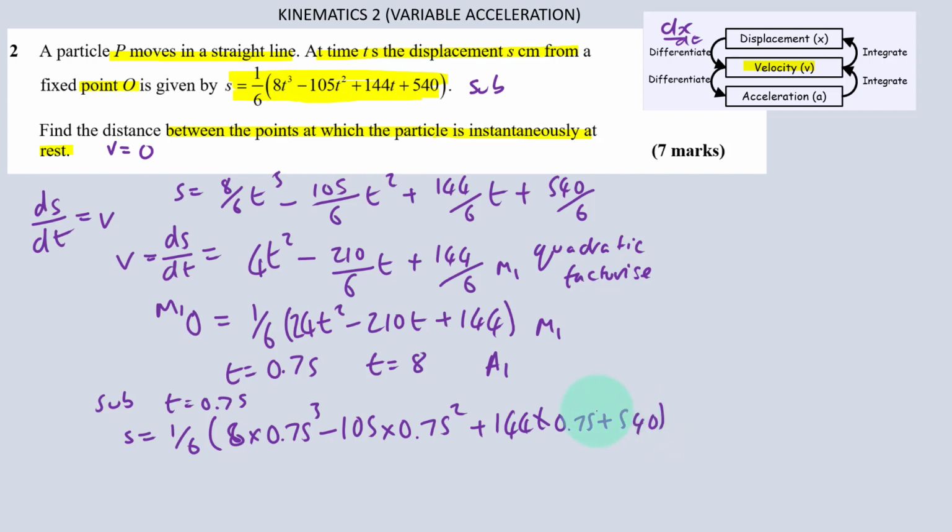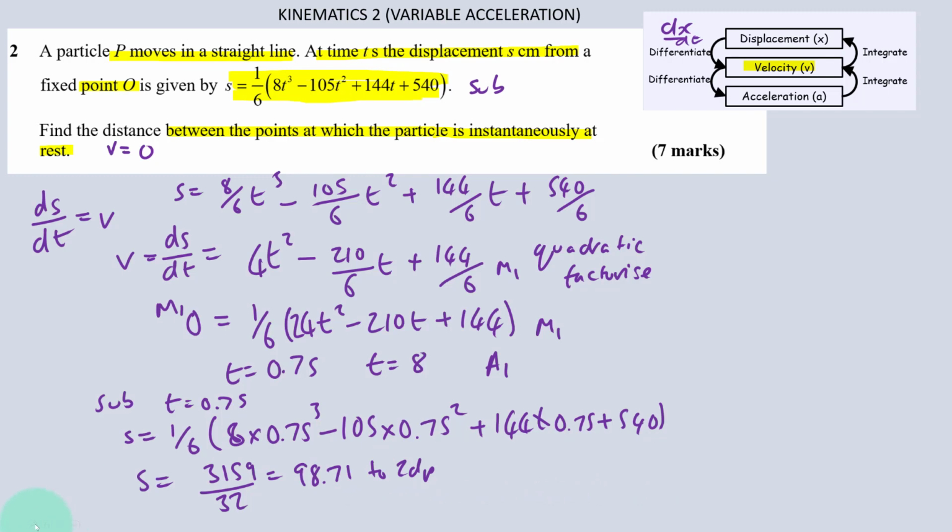Okay, and you should get x equals 3159 over 32, or you can just write 98.71 rounded to 2 dp. Now obviously you will do the same for t equals 8.